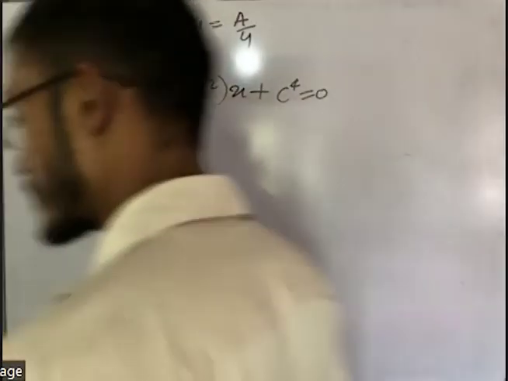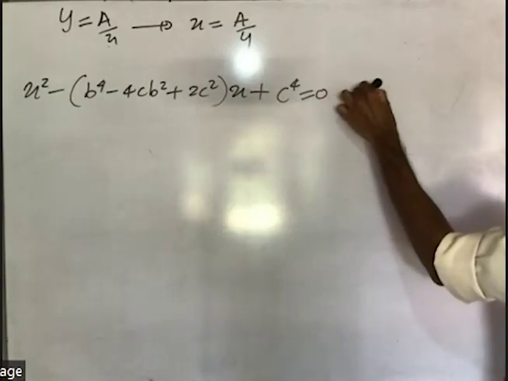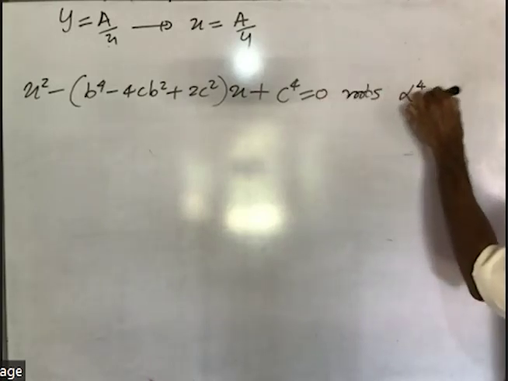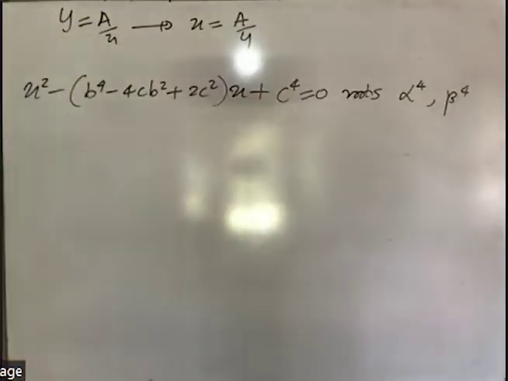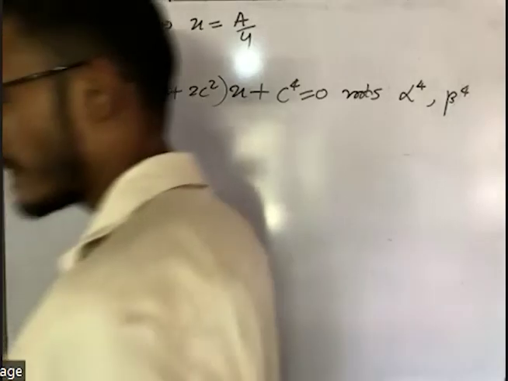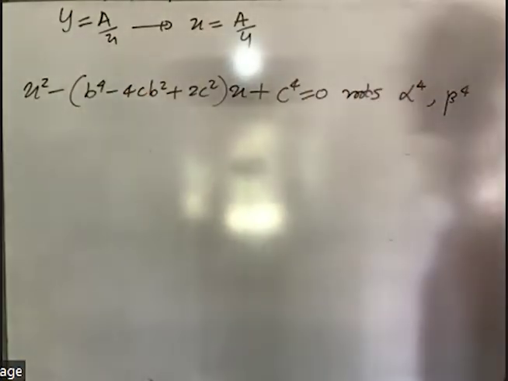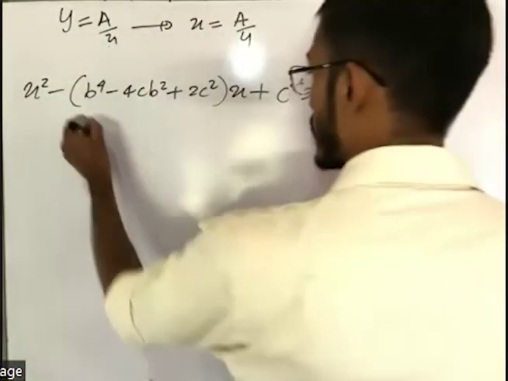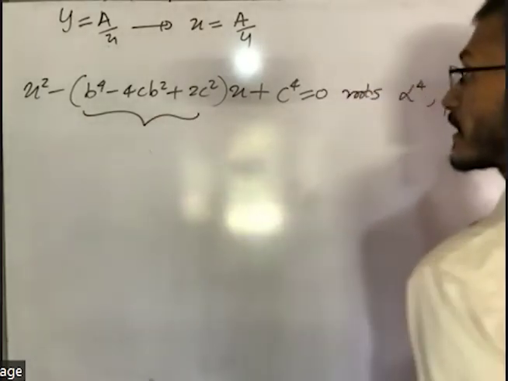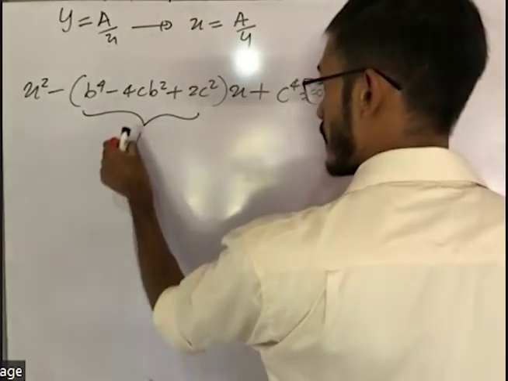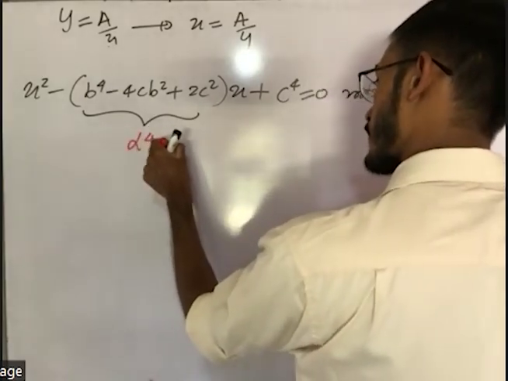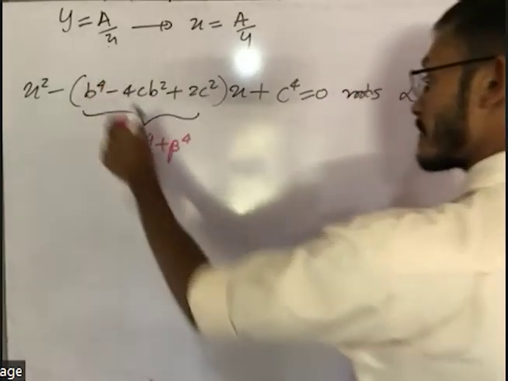Right. Roots alpha to the power 4, comma, beta to the power 4. Right. So then we can write down, so here this part we can write down as alpha to the power 4 plus beta to the power 4, because we know that here we have the sum of roots.